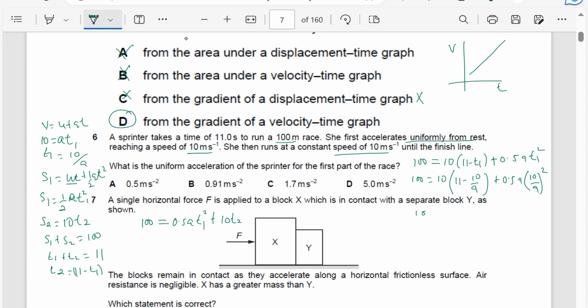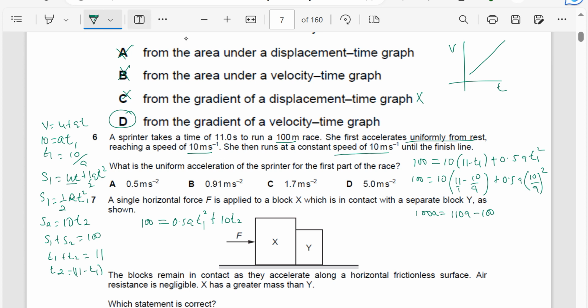So 100 equals, opening the brackets, 110 A minus 100. I've opened the bracket and taken the A to the other side. The LCM here is A, so I multiply everything by A.